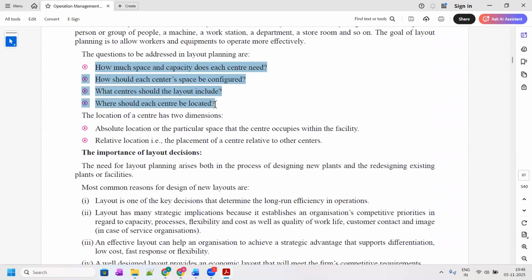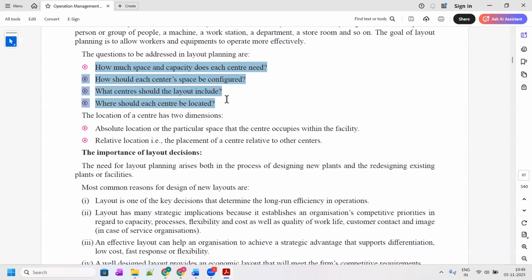How should each center's space be configured? What centers should the layout include? And where should each center be located?